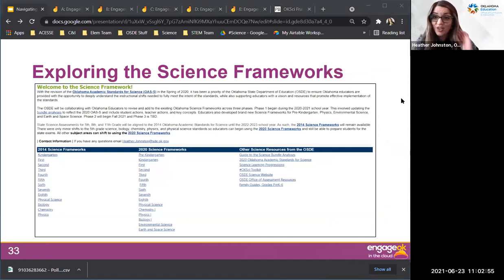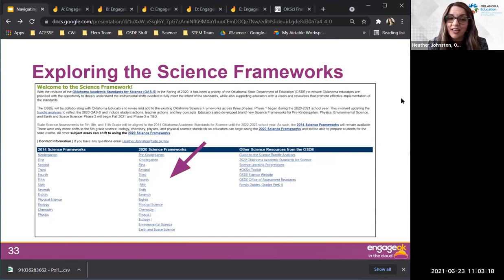All right, so let's discuss what we're going to do in our first breakout room. We're going to begin exploring the science frameworks, and when you visit it, it is going to look a little different than the original ones. So what you'll notice is when we get there, you'll have the landing page, and we're going to be focusing in on those 2020 standards.